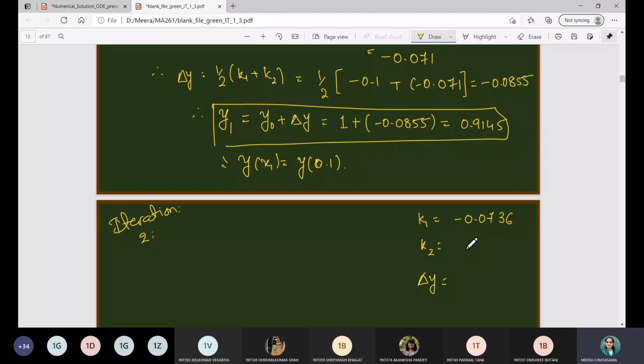K2 value? Minus 0.0507, or 0.0587 or 8. Ma'am, I am getting minus 0.06582.